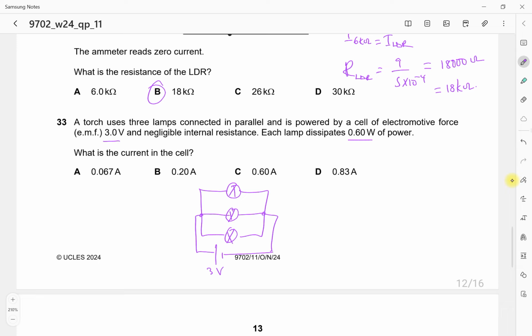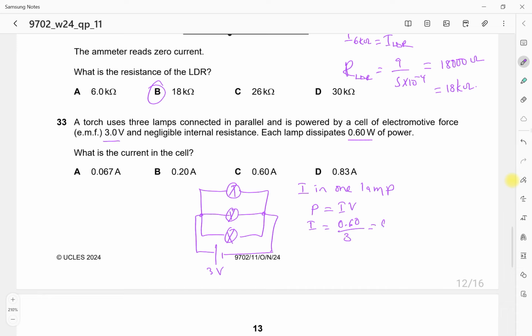But each lamp has a power of 0.6 watts. So let's find the current in one lamp. I'll get it from power equals I times V. So the current in one lamp is going to be the power, which is 0.60, divided by V, which is 3.